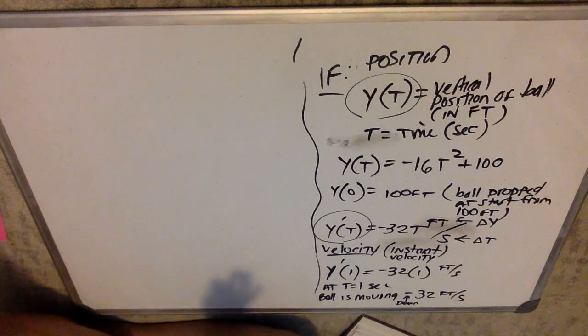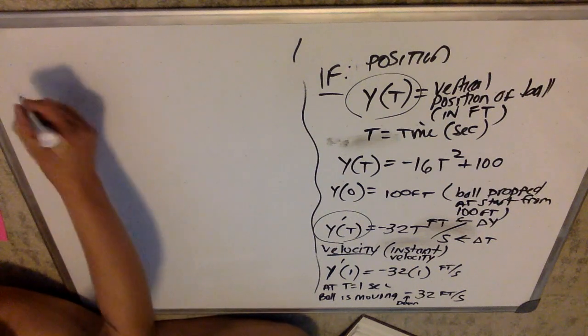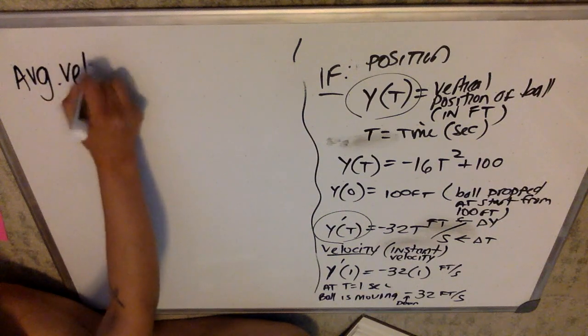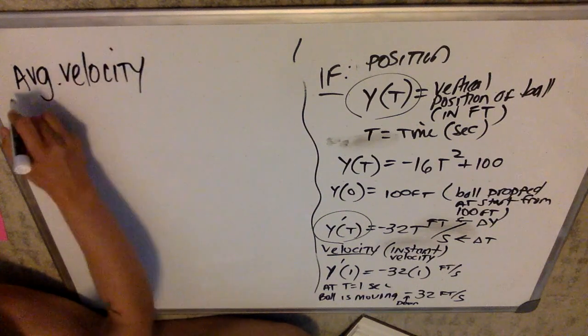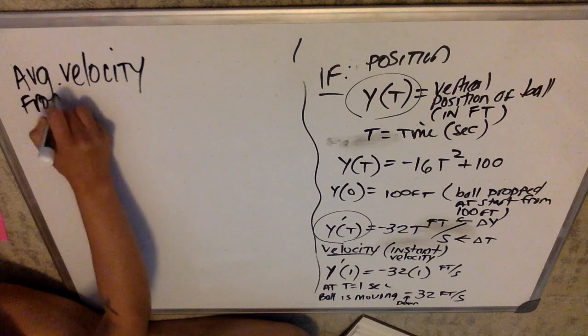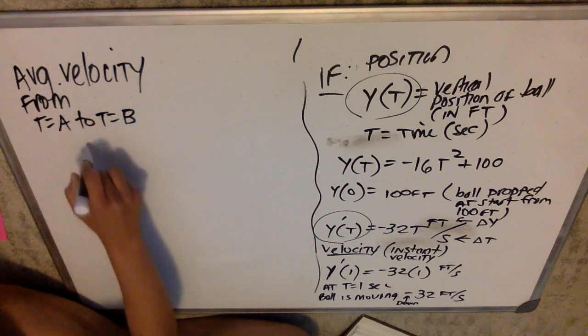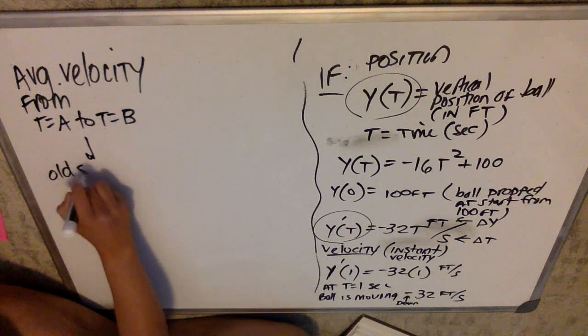So again, just to show you the difference, if we wanted the average velocity from t equals a to t equals b, you would just do old school slope.